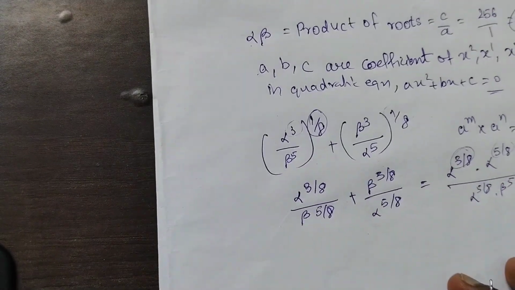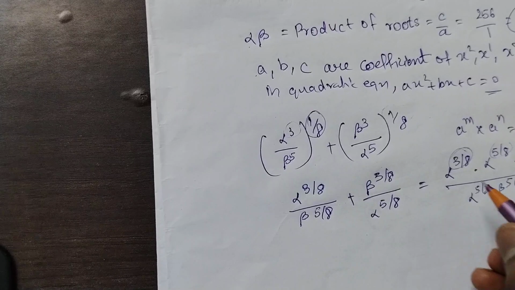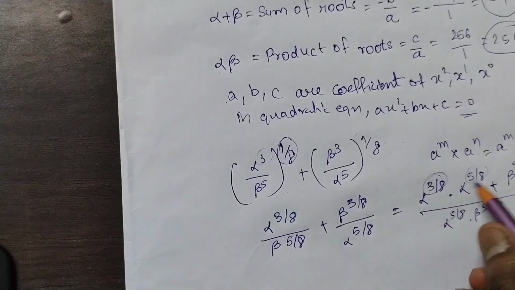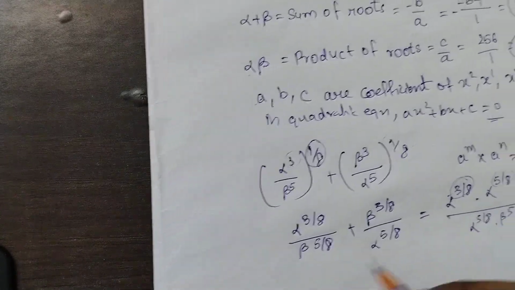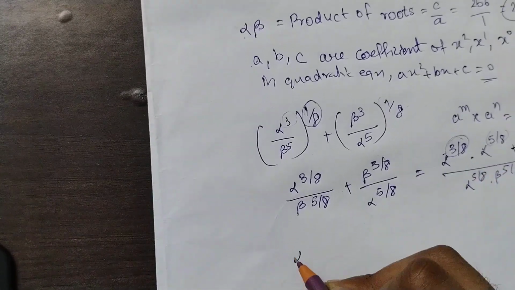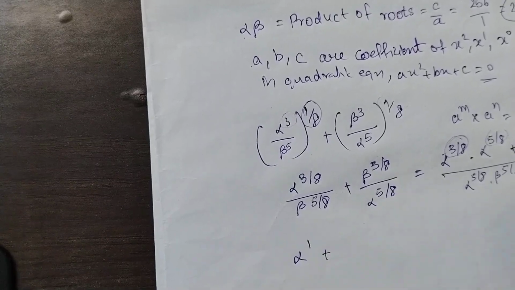There is an indices formula which says that if the base is the same, the powers are added. The base is the same, alpha, so its powers add up to 1.